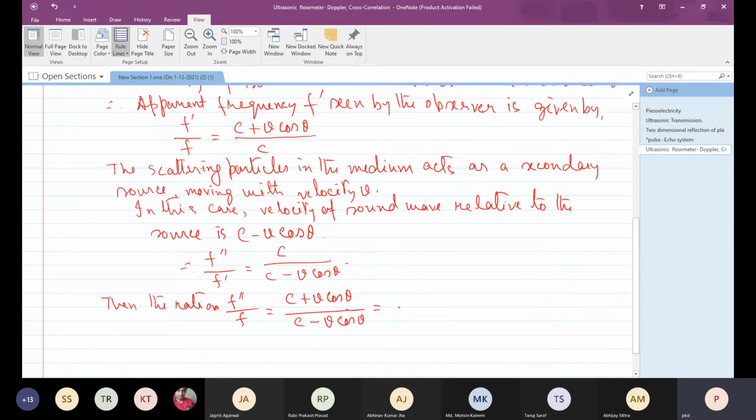That is equal to (1 plus v by c cos theta) divided by (1 minus v by c cos theta).